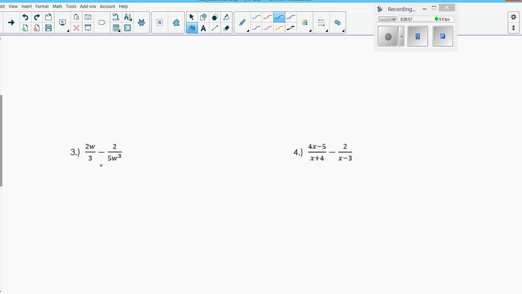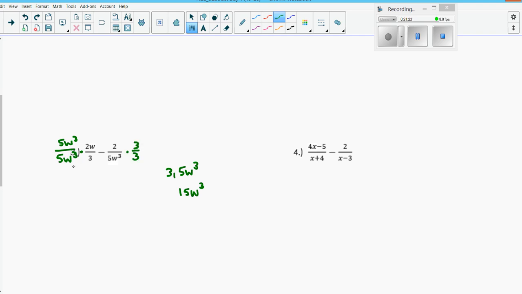But yeah, if you have one like this where it's a 3 and a 5w cubed, 3 and 5, the only thing that you could do is make them 15, and then you can make them both have a w cubed. So if I wanted 15, I'd have to multiply this one by 5w cubed, and then over here I'd have to multiply this by a 3.